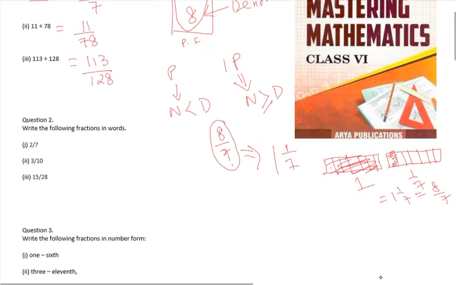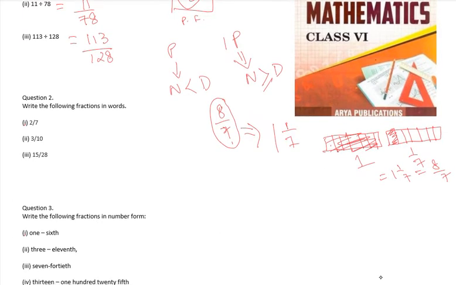Now write the following fractions in words. This 7 is in the tenth place. What is tenth place? Ones place, then we have the tenth place, then we have the hundredth place. So this is 1 by 10, this is 1 by 100.